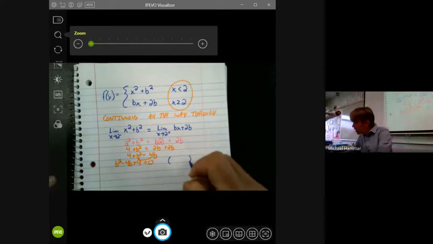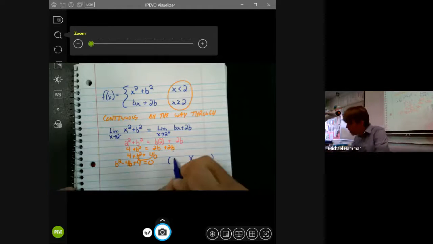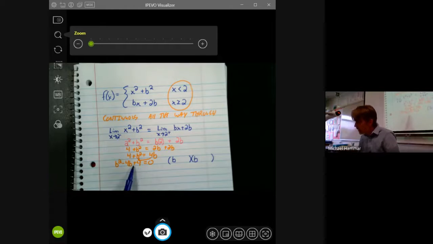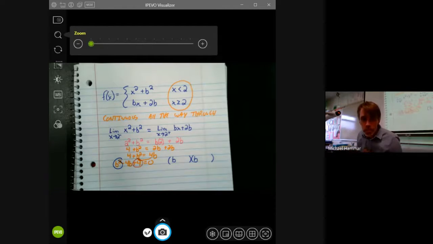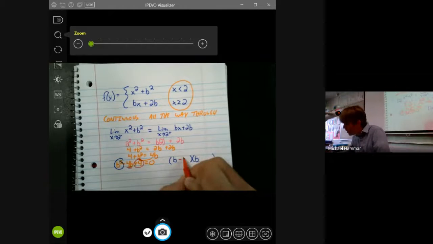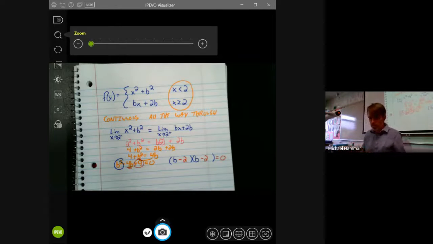So let's factor this and figure out what values of b are going to work. If I factor b, and then I need to get positive 4, the numbers that give me positive 4 are positive 2 and positive 2, or negative 2 and negative 2. Remember, the ones you pick have to add up to the middle number. So I know it's going to be negative 2 and negative 2, and that has to be equal to 0.